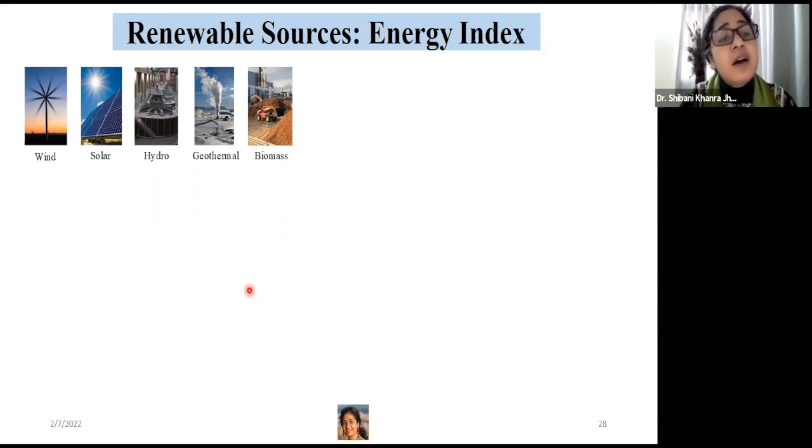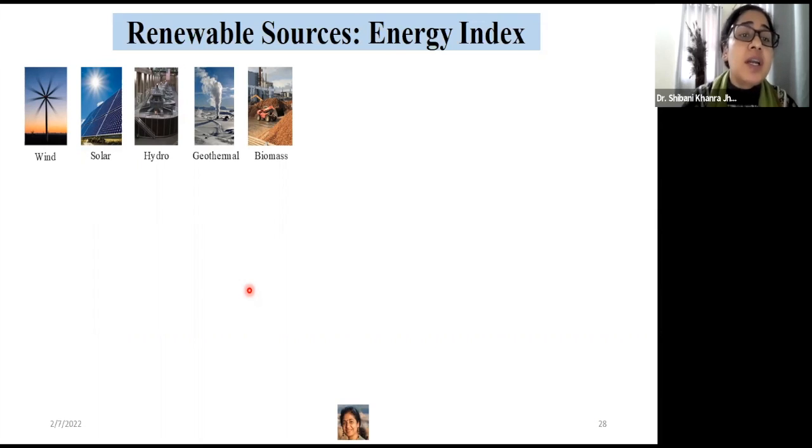As we understand, wind, solar and hydro sources are very much dependent on fluctuating sources, in the sense that when we generate electricity from wind, the direction and speed are uncertain and not fixed in 24 hours. So it is a fluctuating source.